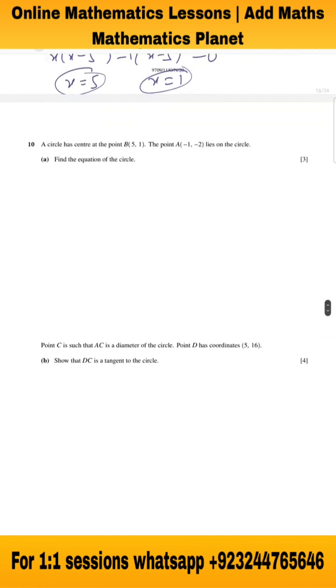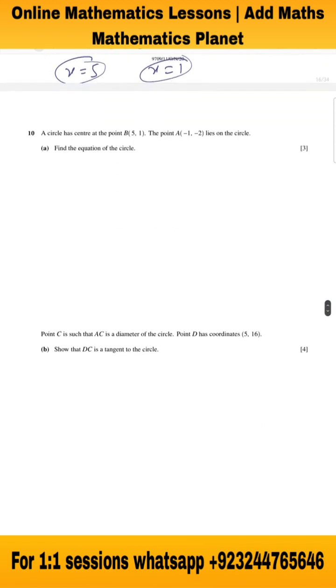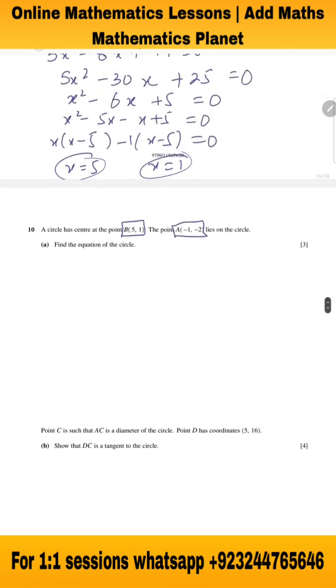Okay, next question. A circle has a center at the point B and the point A lies on the circle. The center of the circle is given, and we are given one point that lies on the circle. So first of all we will find the radius of the circle, which is equal to AB.